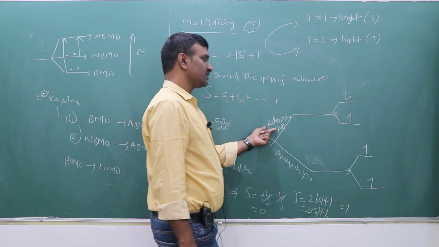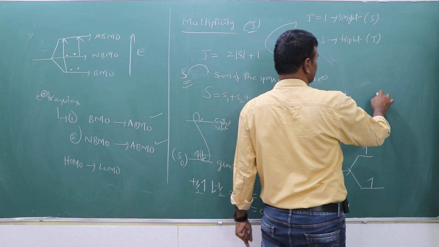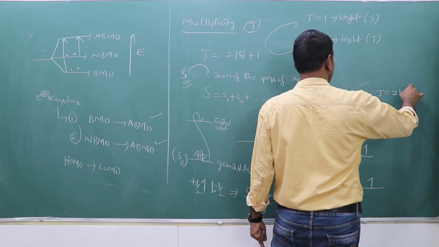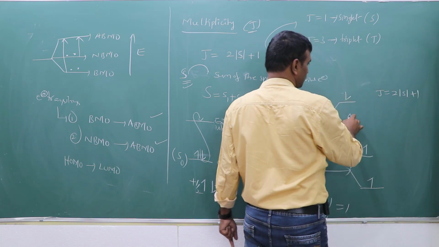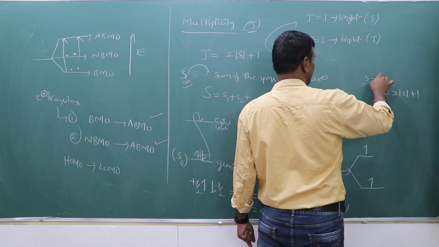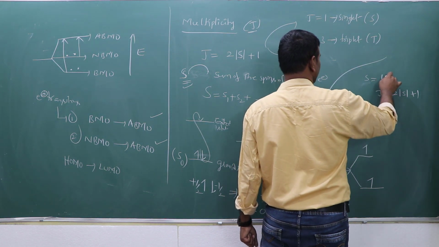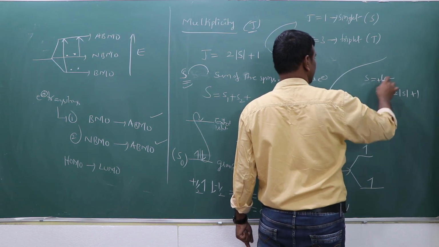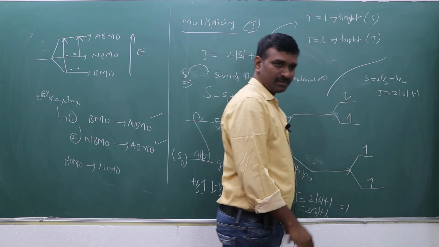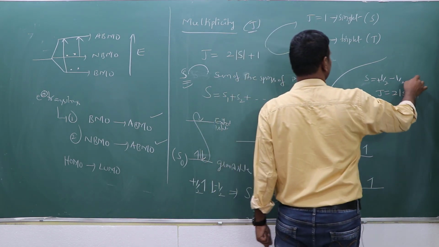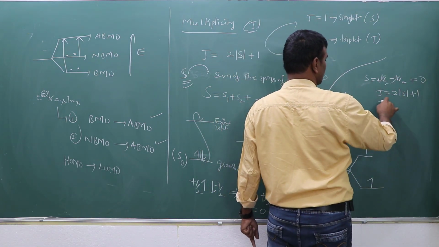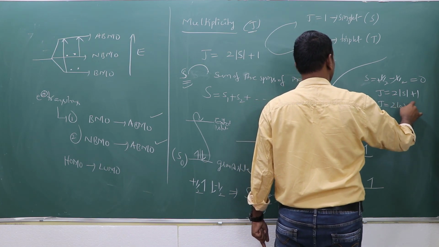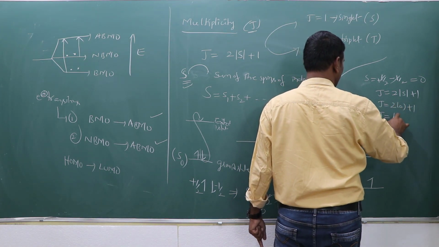If retention of spin takes place, then from the multiplicity point of view, 2S plus 1, S here in this case is plus half, and here in this case, minus half. The total will be 0. So multiplicity is 2 into 0 plus 1, which is 1.